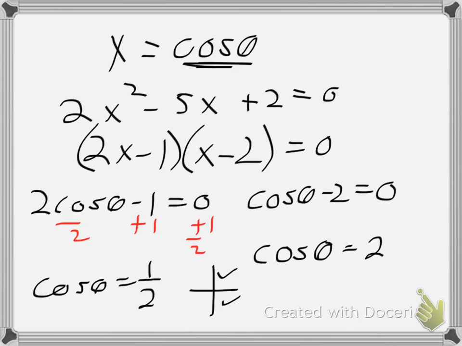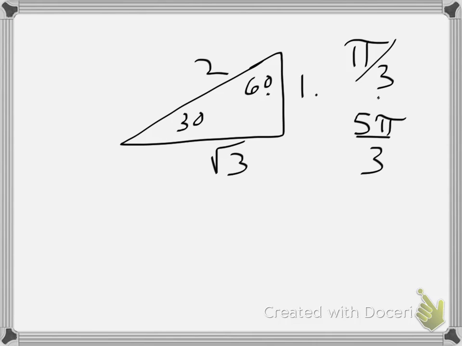My second equation, cosine is equal to 2. Now that seems a little strange, it's because that falls outside of our normal range. If you recall, the range of your general cosine graph is from 1 to -1.